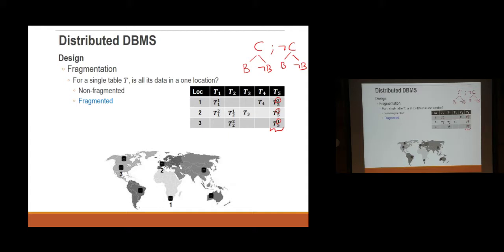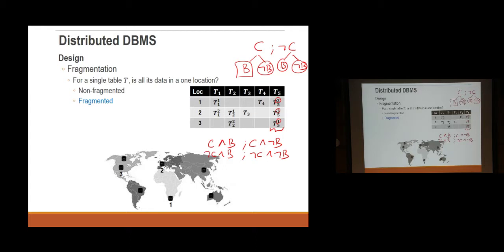The condition over here is C and B. The condition over here is C and not B. And this one is not C and B. And this one is not C and not B. So you have 4 different fragments split across the world.